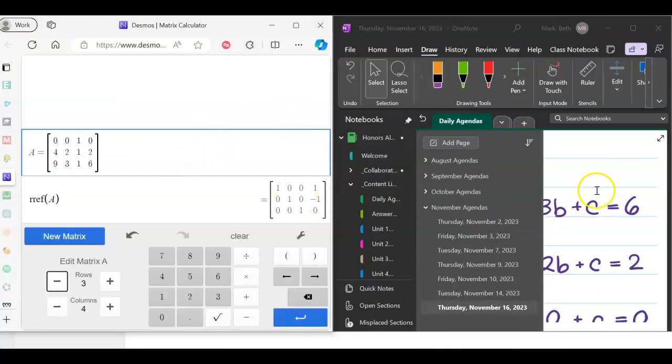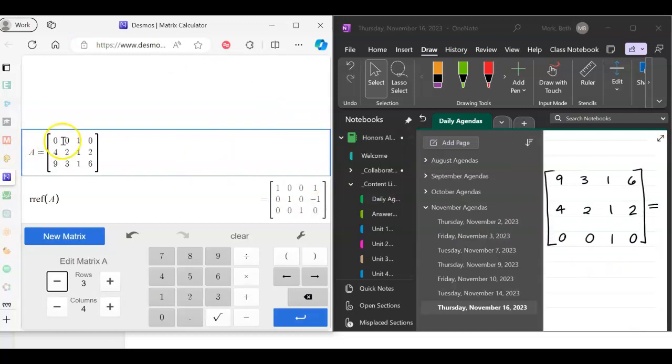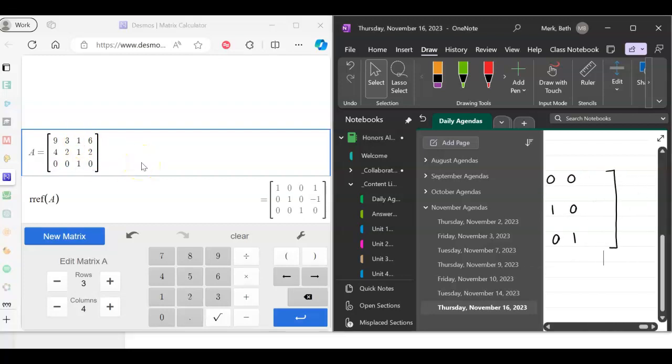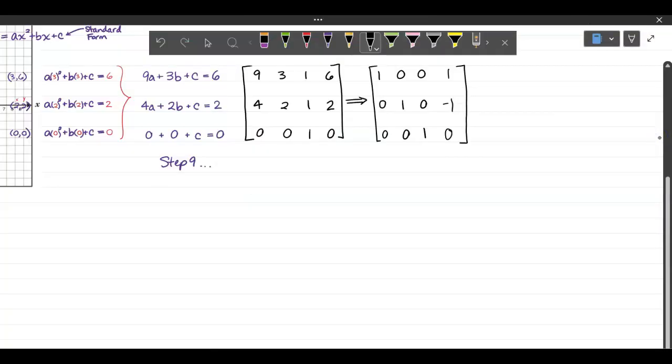All right. So this is my matrix. It's going to be 9, 3, 1, 6, 4, 2, 1, 2, 0, 0, 1, 0. You can see the answer ends up being 1, negative 1, and 0. So what does that mean?